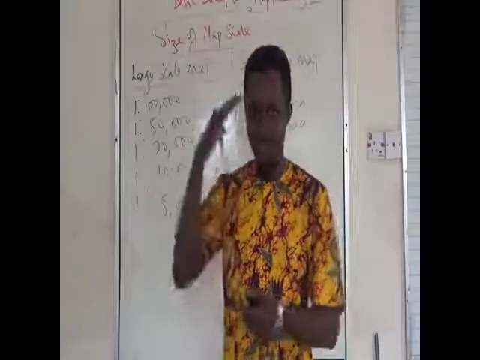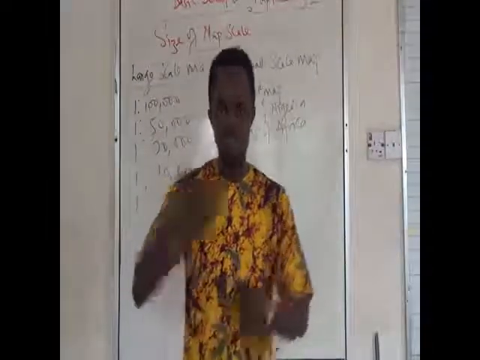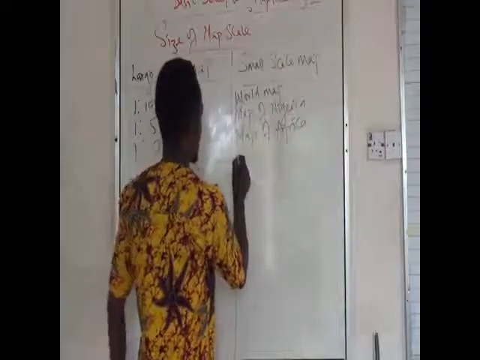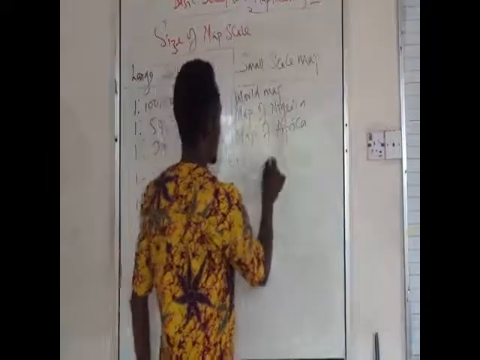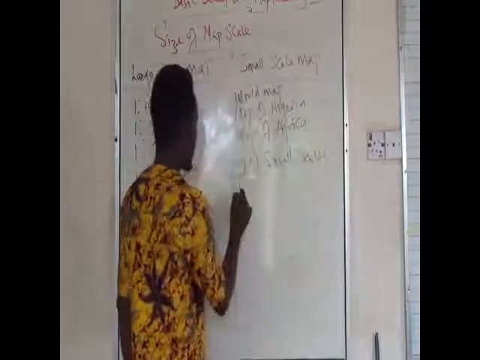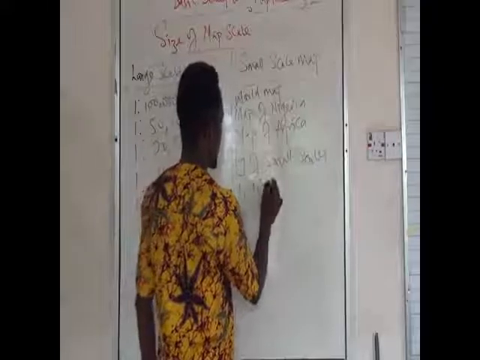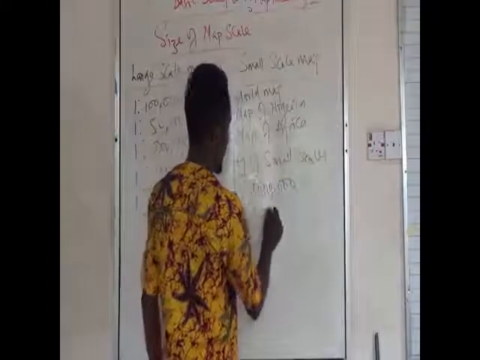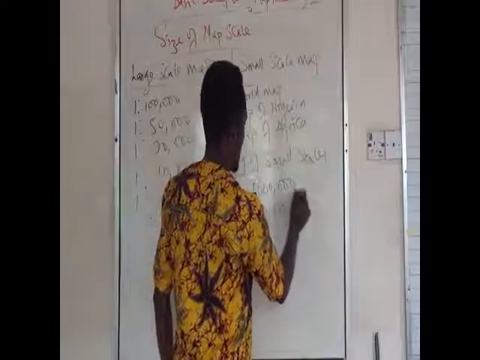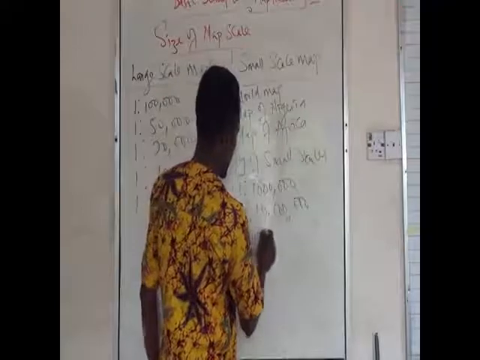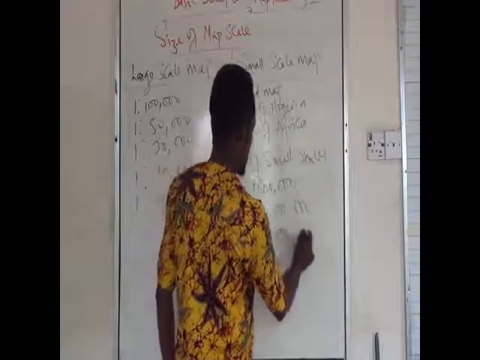Don't forget, the larger the denominator, the smaller the scale. Examples of small scales: we have 1:1 million, 1:10 million, we can have 1:50 million.